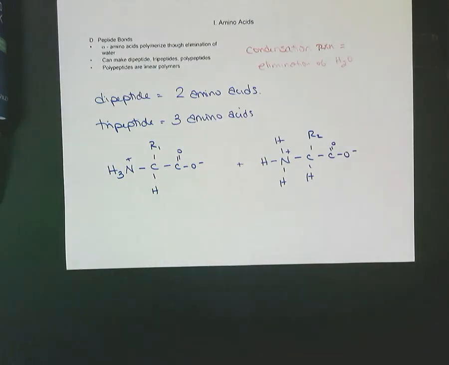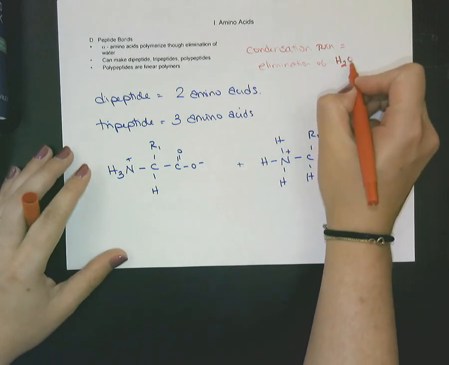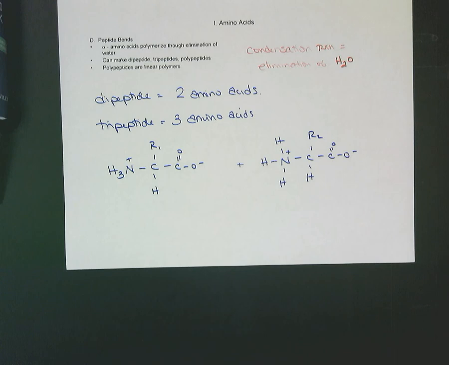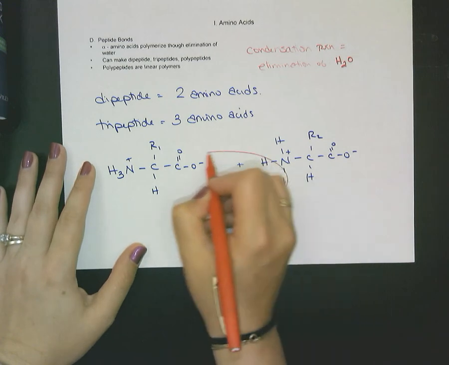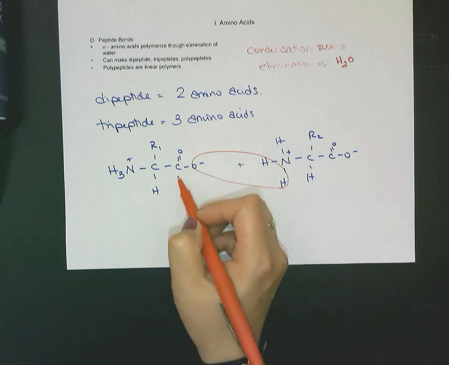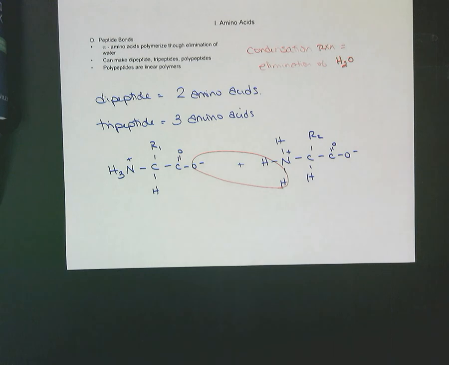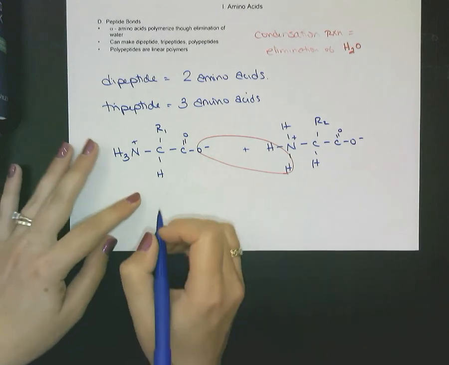A little faint, sorry. That's a little better. So a condensation reaction is an elimination of water reaction. And what we're going to do is make a new bond between this end of the first peptide and that end of the second peptide to make a new dipeptide.